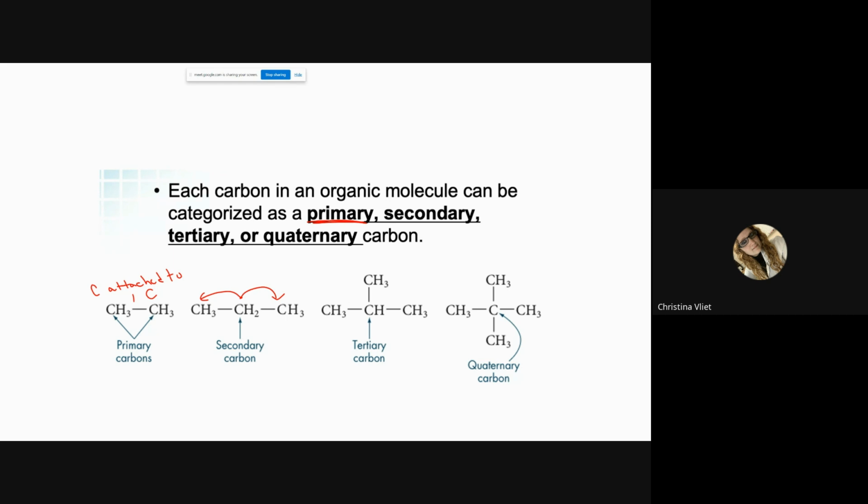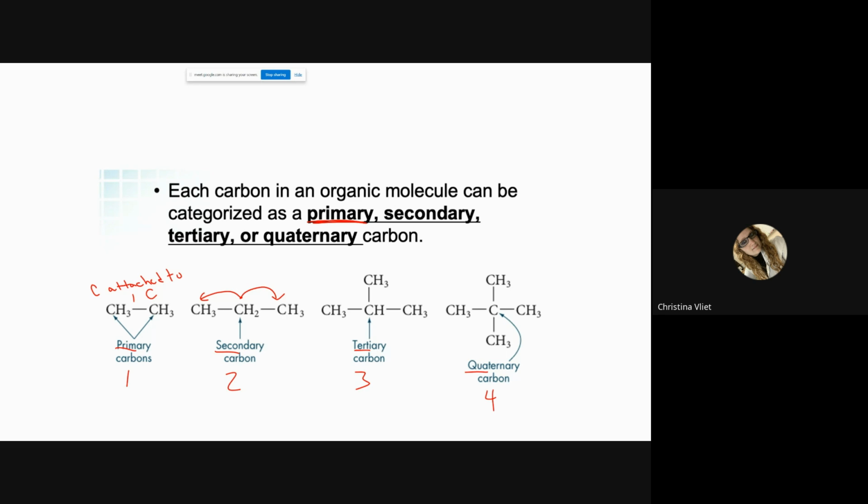A tertiary carbon, and you can see the prefixes are telling you what's going on. Primary means 1. Secondary means 2. Tertiary, the prefix ter can mean 3, and quat can mean 4.